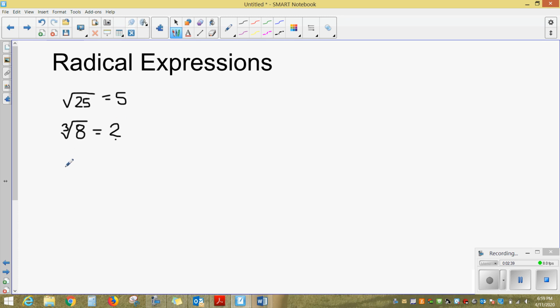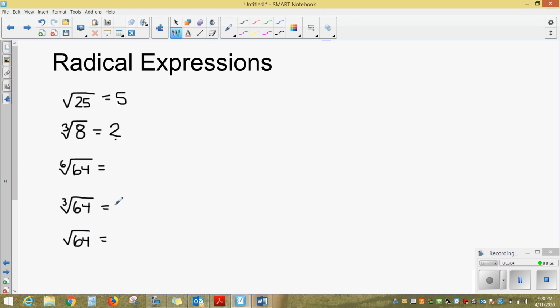The nice thing about this first section on radicals is that all of the radicals clean up nicely. You're going to get integer values out of all of them. I like 64 because there's a lot of possibilities here. 64 has a sixth root, it has a cube root, it has a square root.